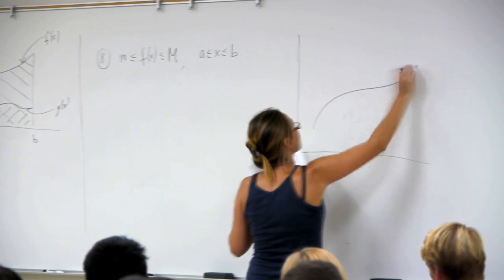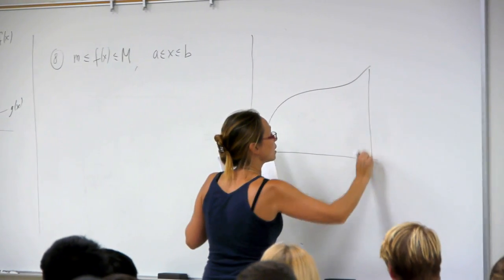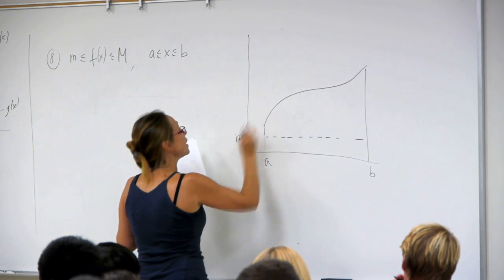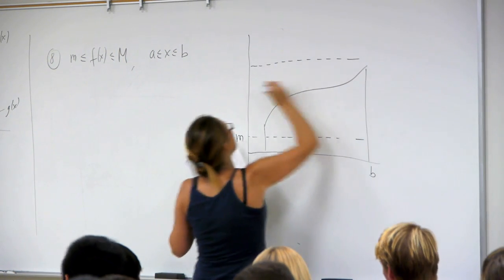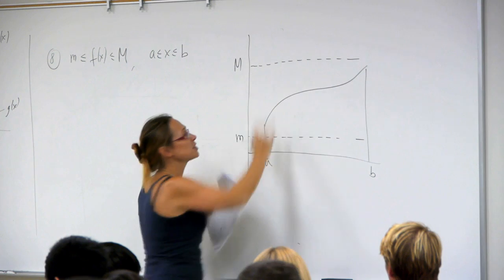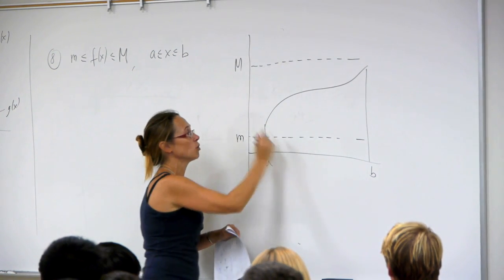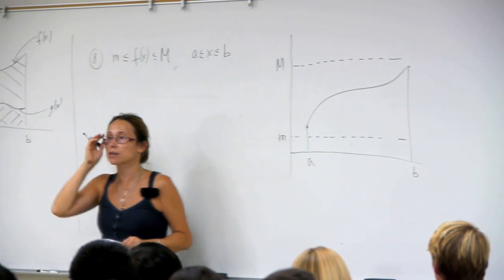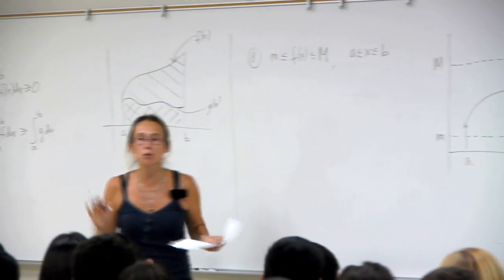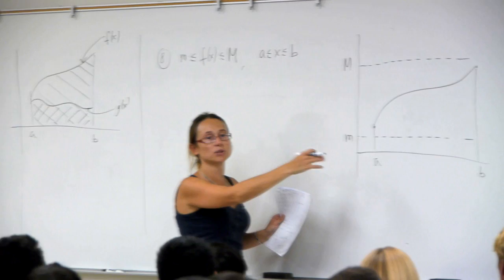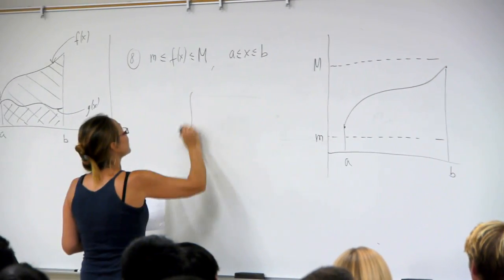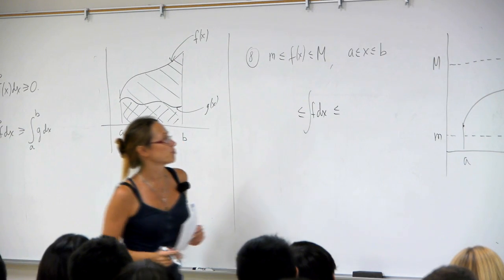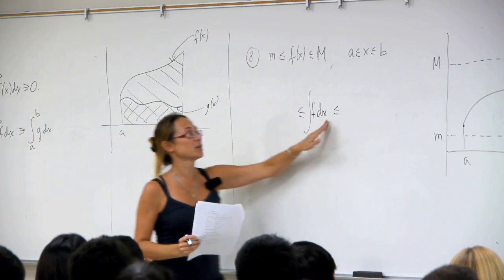So this is my function from A to B. And there's some value m and another one, m capital, such that they enclose this function. One is always smaller than my function, and the other one is always larger for all values of x on the interval. Okay? Let's suppose I know that these two numbers exist. Then I can make an estimate of the integral of f. Okay? I know what it's bigger than and I know what it's smaller than.